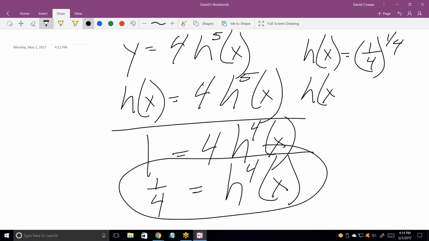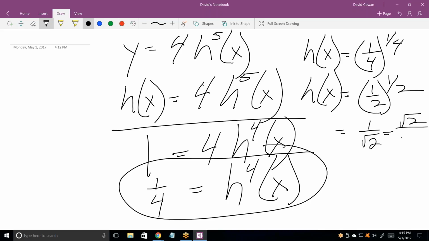So h of x is going to be 1/2 times, no, hold on a second. So it's the square root of 1/2, which is 1 over root 2, or rationalized, root 2 over 2.